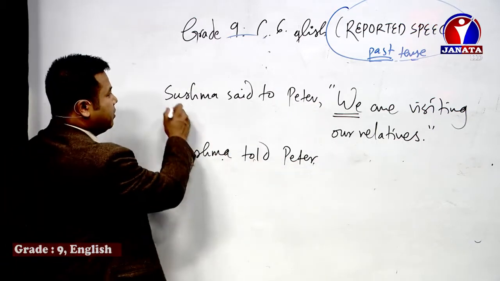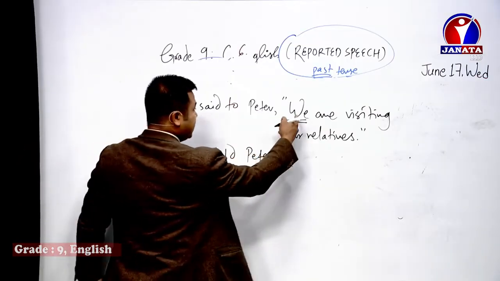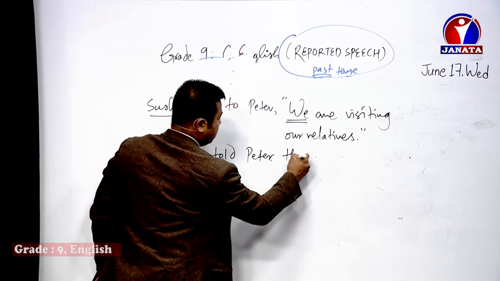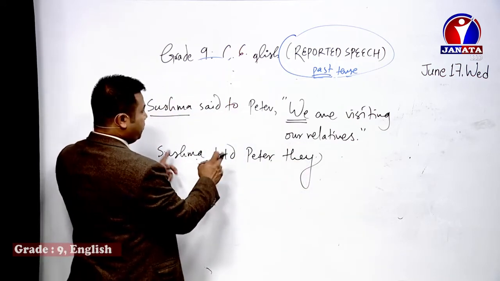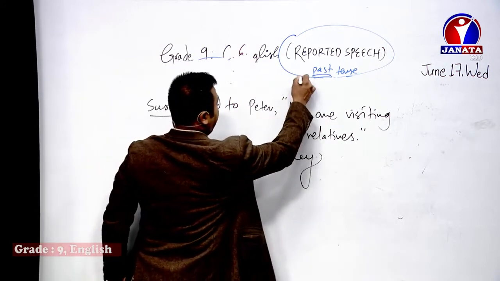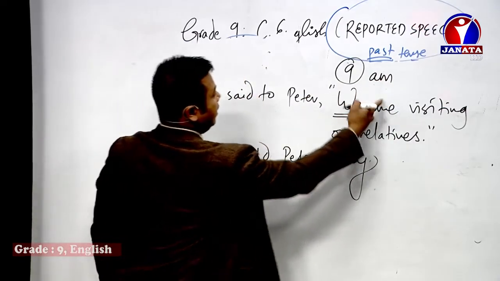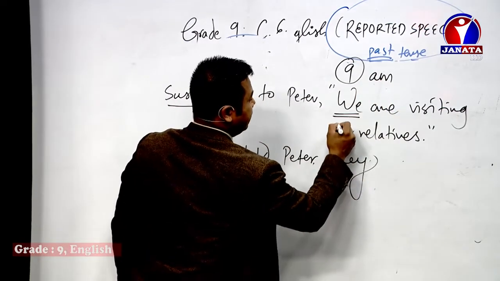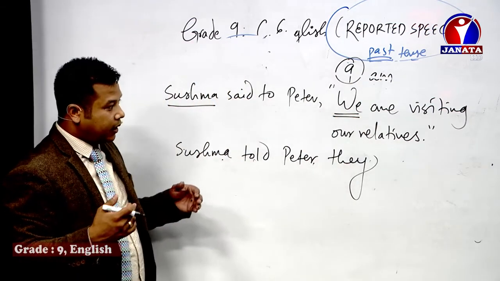So first person pronoun is Susma, but she's not alone here. Since she has used we, that changes into they. Susma told Peter they. Or if you're confused with that, you can even have I here, and am here. See, Susma said to Peter, I am visiting, then it becomes my relatives. But right now, we have used we are visiting our relatives.